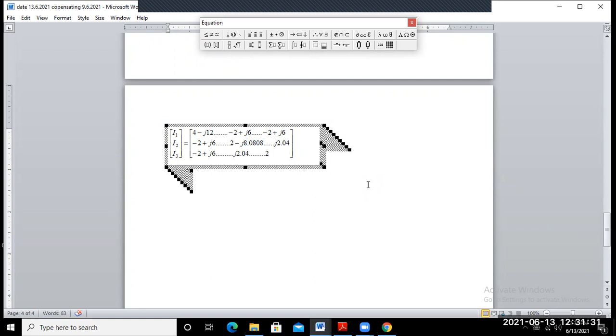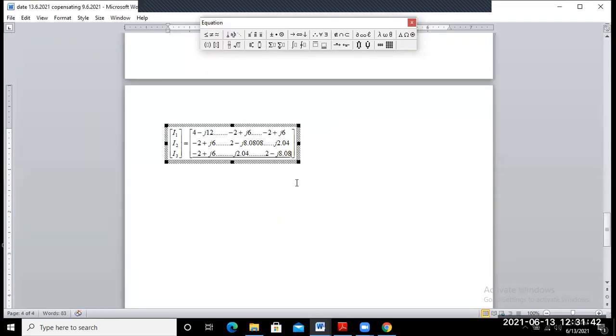2 minus j8.08, into V1, V2, V3. Your bus number voltages at bus number 1, 2 and 3.